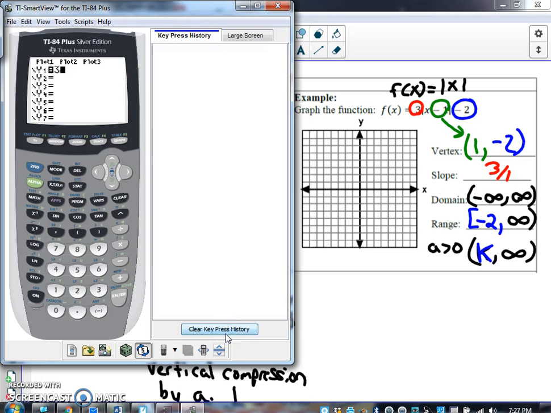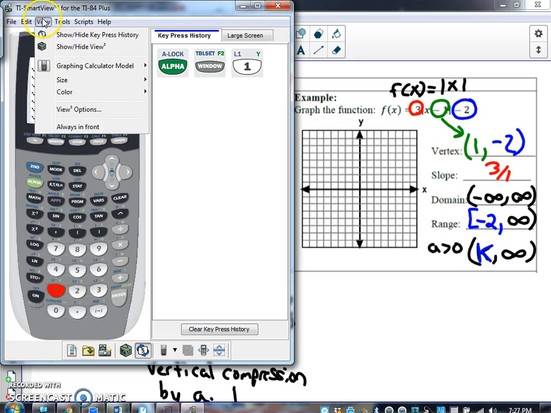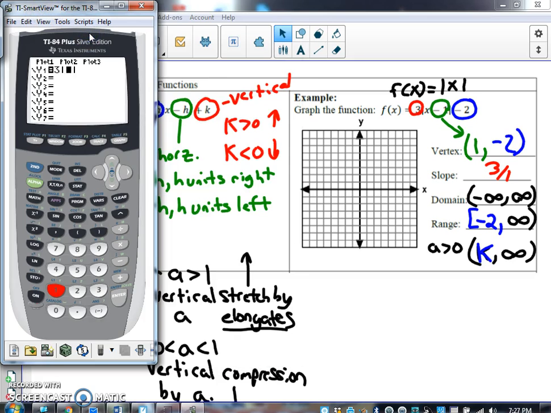To get to the absolute value function, I'm going to go alpha window and press 1 to bring up my absolute value sign. Then from there, I'm just going to type in x minus 1, go outside the brackets, -2, and then from here I can just go to my table.